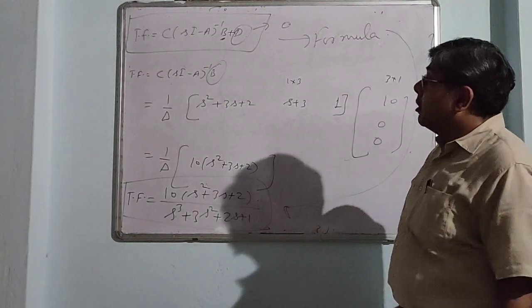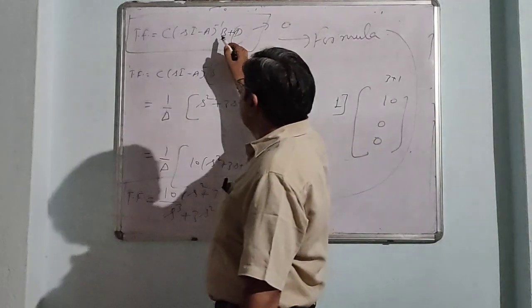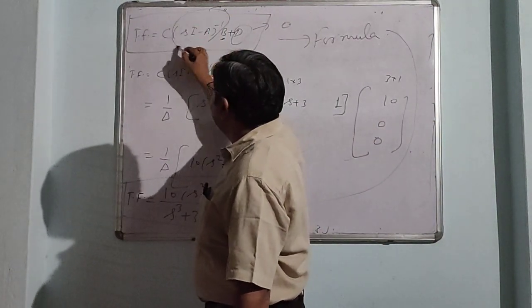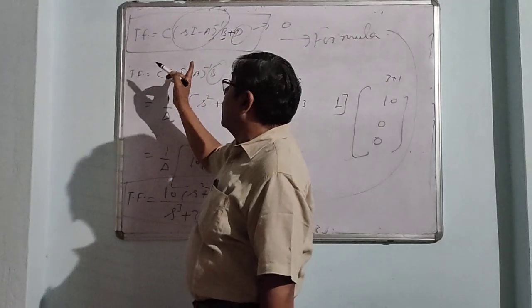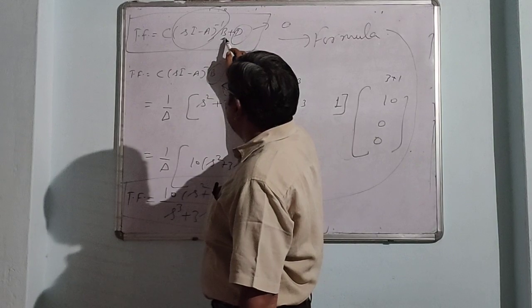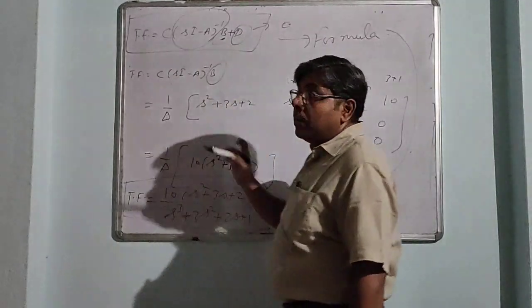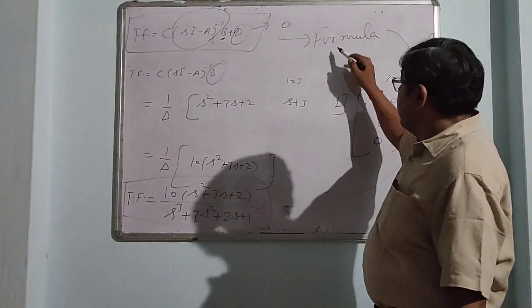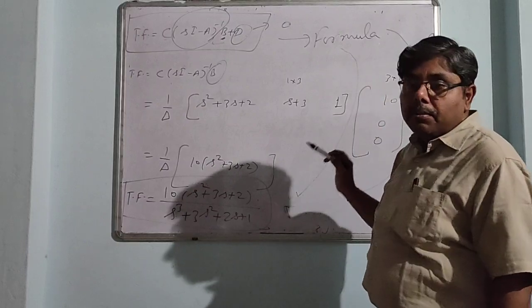So the major part is you have to first calculate the inverse matrix, then do two multiplications. First multiply by the C matrix, then multiply by the B matrix. In this way, we will get the final answer.